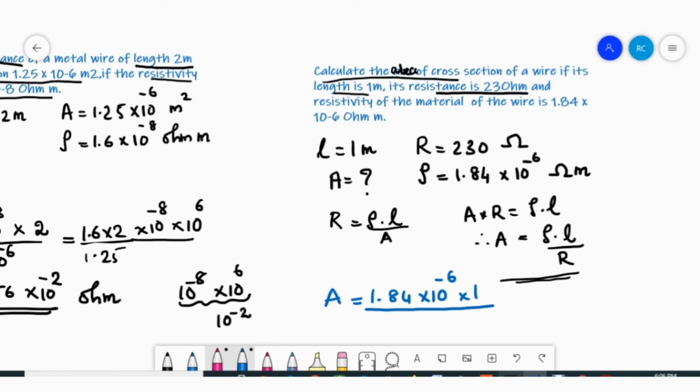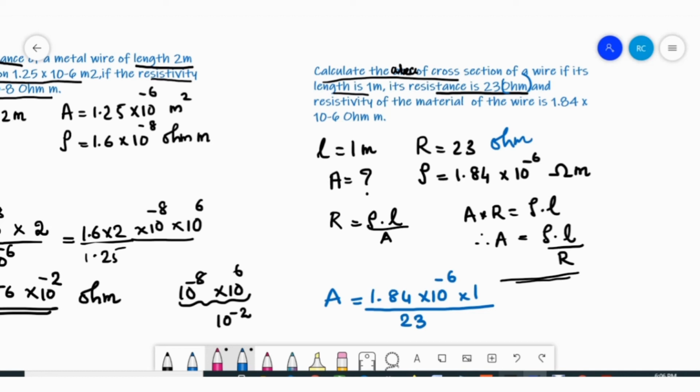Resistance is 23. This value is 23 ohm. So divided by 23.